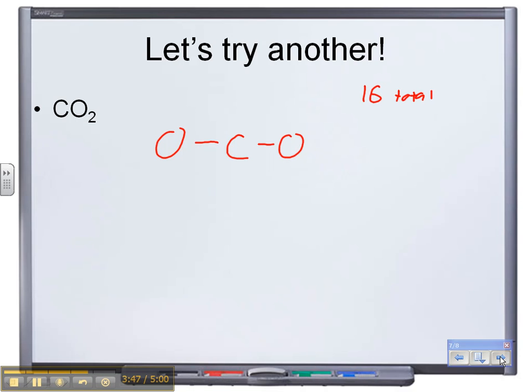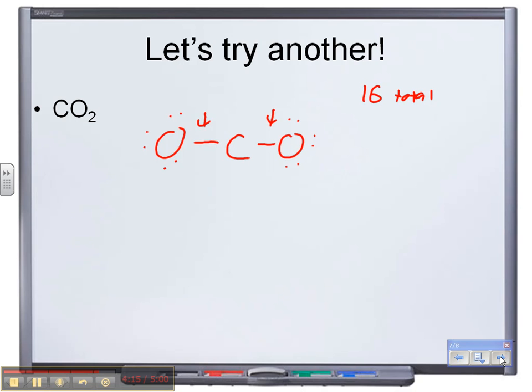So we've got 4 right here, 2 and 2, so that's 4, and then we start drawing dots around the O's, and we realize that we only have 12 electrons distributed around, so we've got all 16 electrons on here, but the C doesn't have its octet rule satisfied.